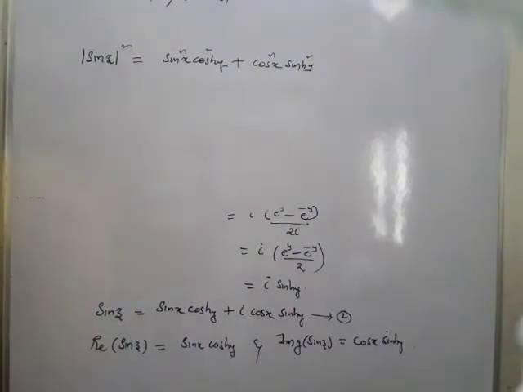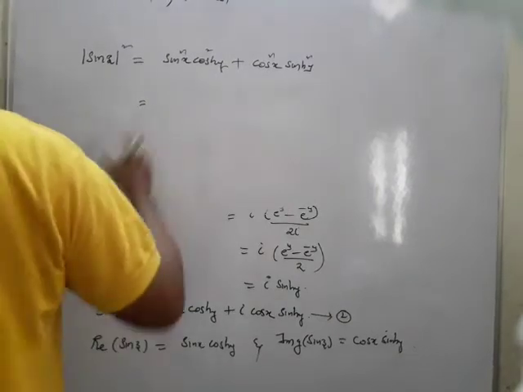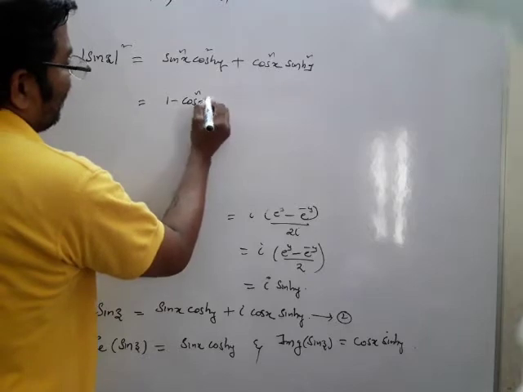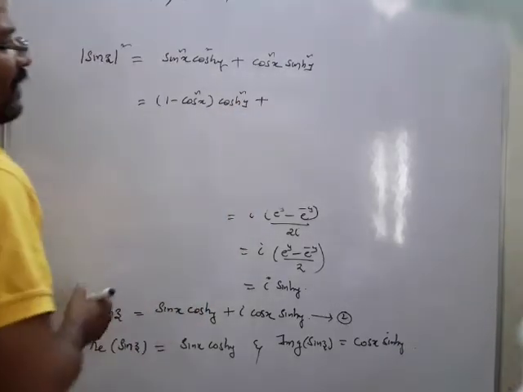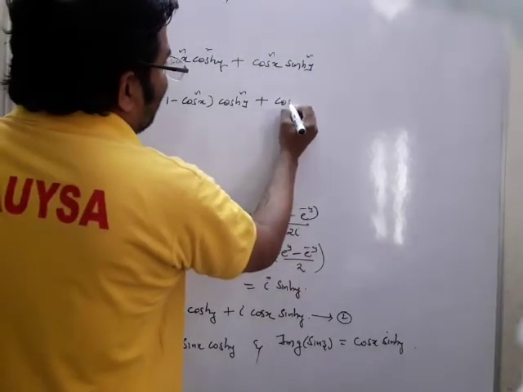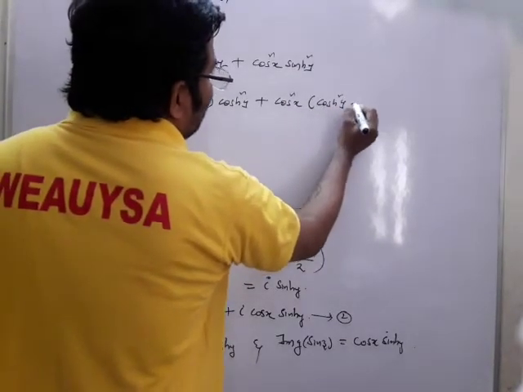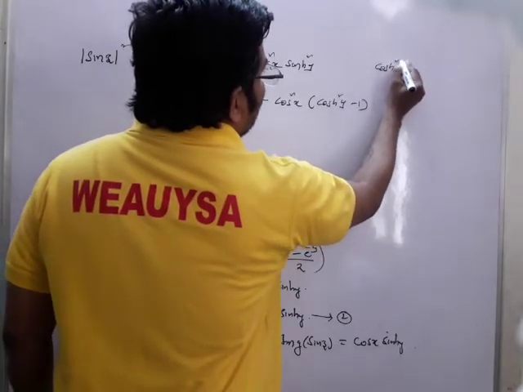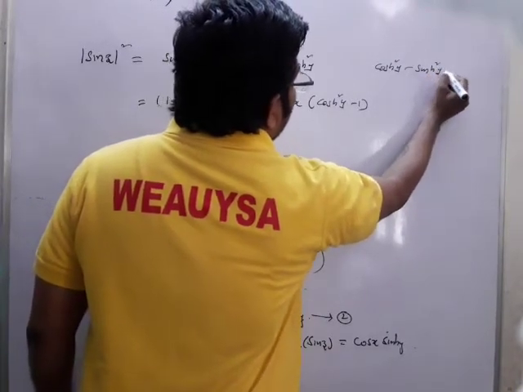Now this is what we have. Now you can change this one. I am writing sin square x as 1 minus cos square x. You can change either one. Now this is cos h square y plus cos square x, and now I'll change this one, cos h square y minus 1, since cos h square y minus sin h square y is equal to 1.